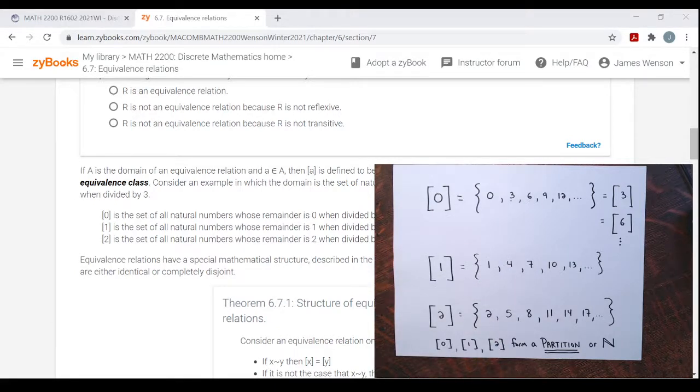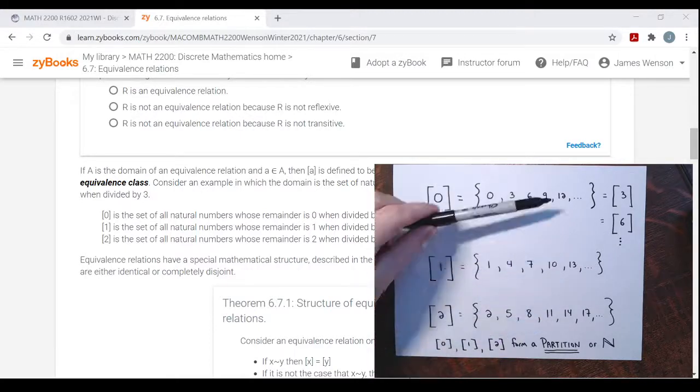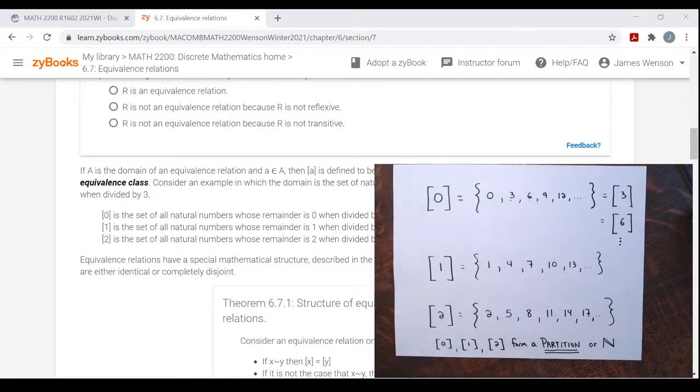So they're pairwise disjoint, and if you were to take the union of all 3 of them, you'd form the entire set of the natural numbers, right? Because you got 0, 1, 2, 3, 4, 5, 6, 7, 8, 9, 10, 11, 12.